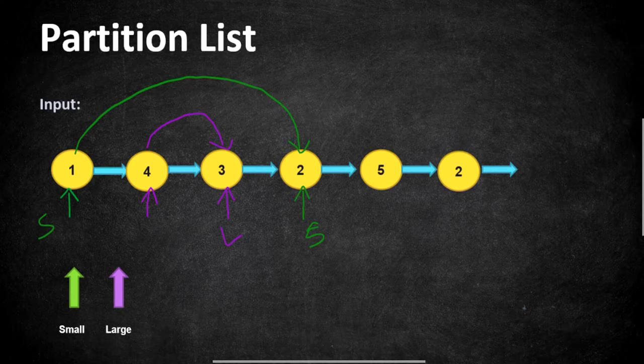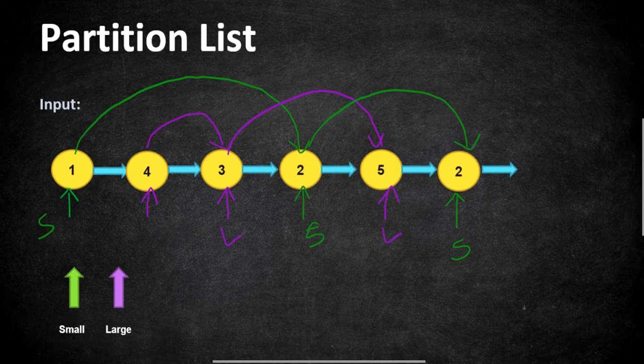Now the next element 5 comes under the large category, so large dot next connects to 5, and large moves to 5. The next element is 2, and 2 comes under the small category, so small dot next points to 2, and small moves to 2. Now our iteration is completed, as we have iterated through all the nodes in the list.